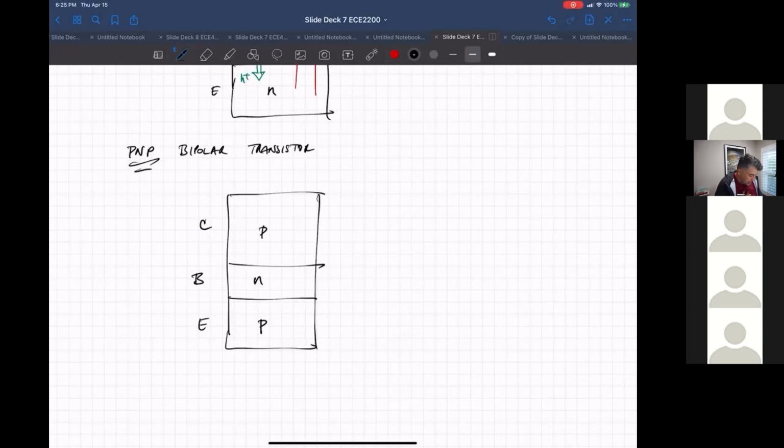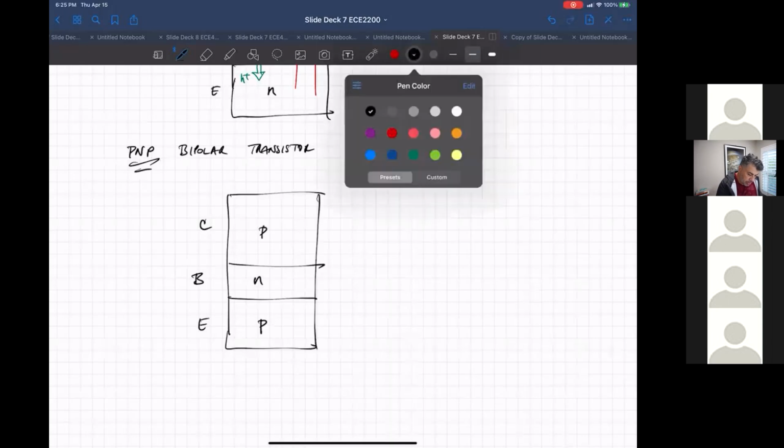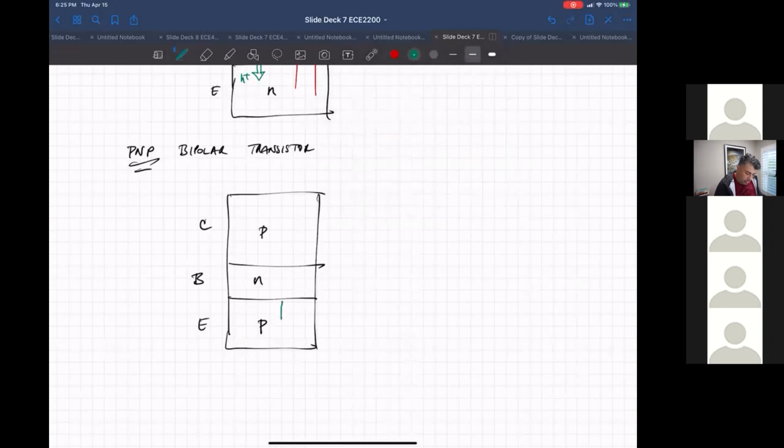The way the current flows is a large number of holes get dumped from the emitter into the base and get collected in the collector. Then your base current is a small number of electrons.